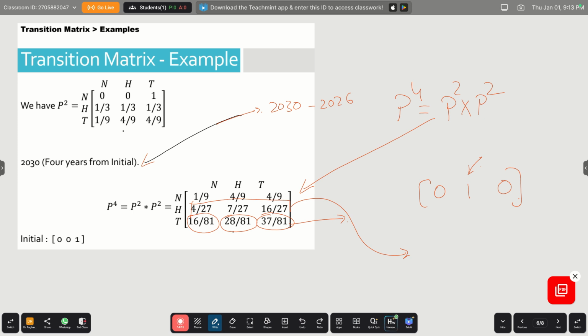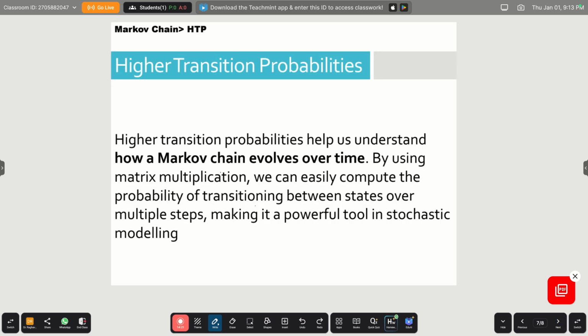Hope you have understood how to calculate higher transition probabilities. To conclude, higher transition probabilities help us understand how a Markov chain evolves over time.